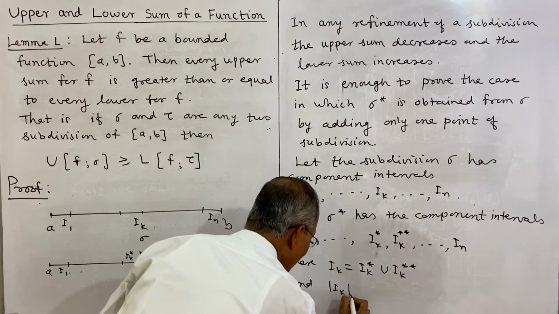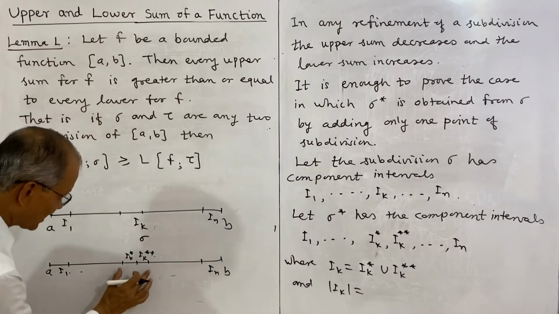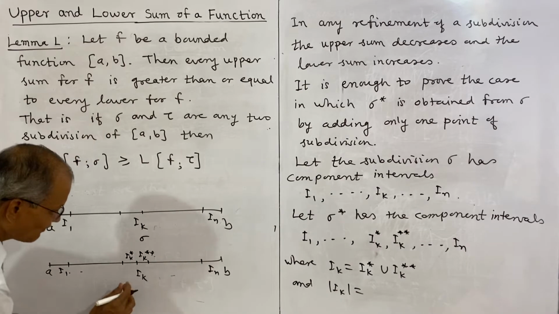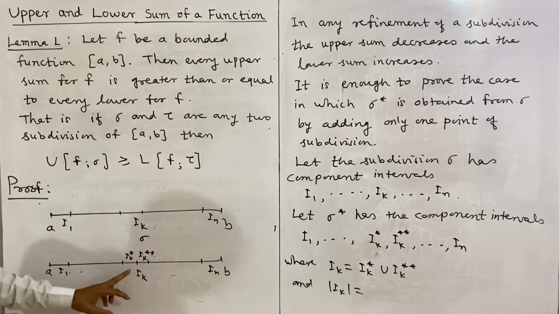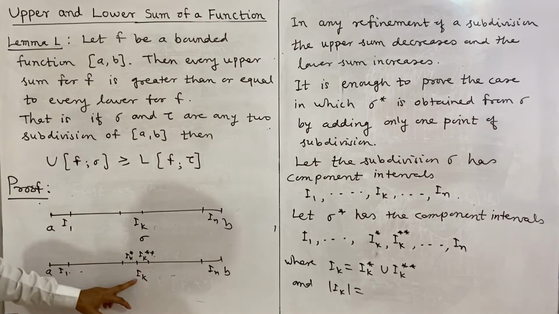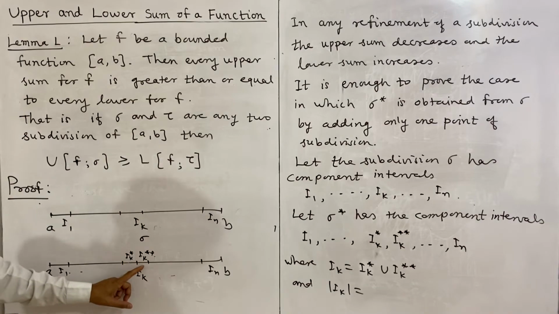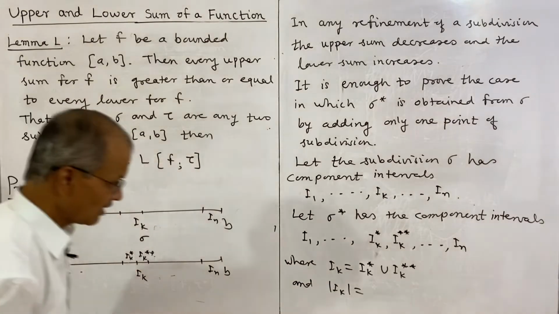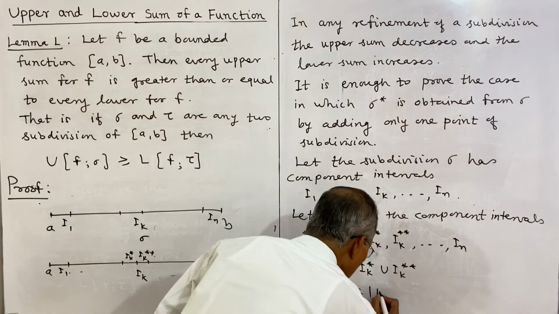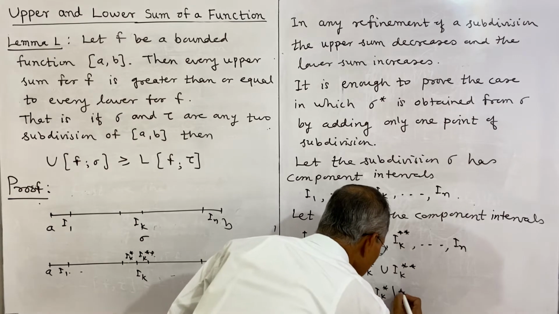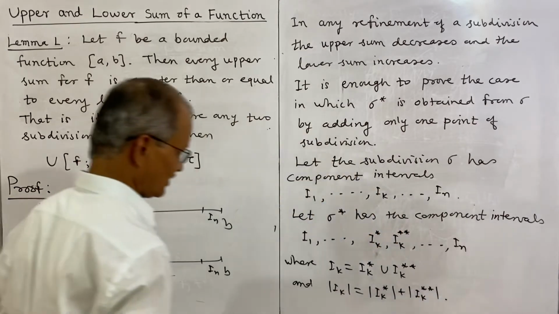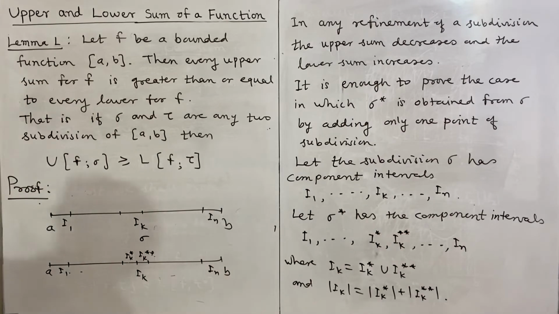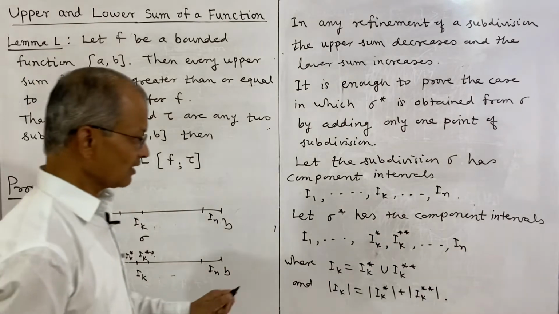The length of Ik is the union of these two components, and therefore the length of Ik will be the length of Ik star plus the length of Ik double star. So thus we have this. Now we will form the upper sum on sigma star.